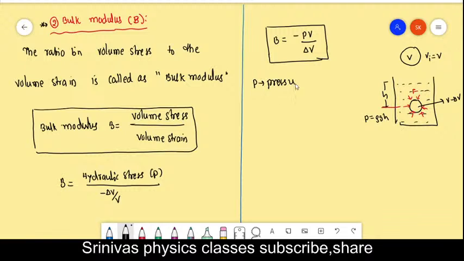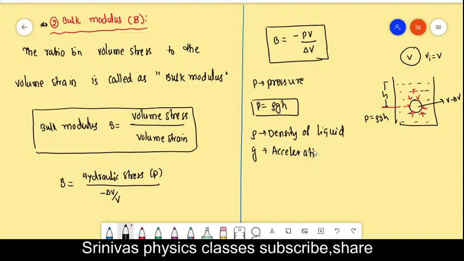Here P is the pressure. You remember that the pressure at a depth h is rho g h, where rho is the density of the liquid, g is the acceleration due to gravity, and delta V is the change in volume.